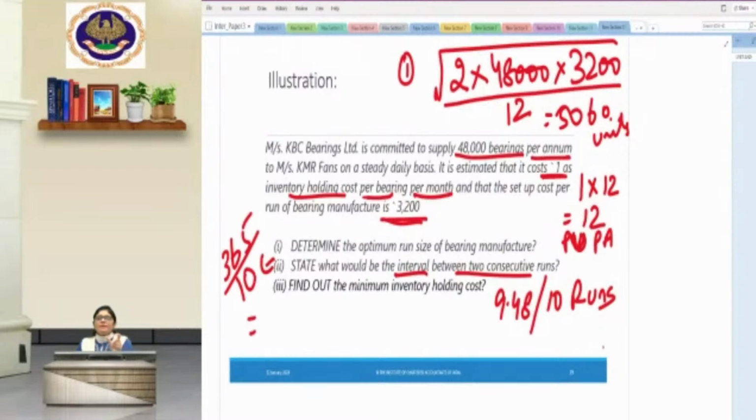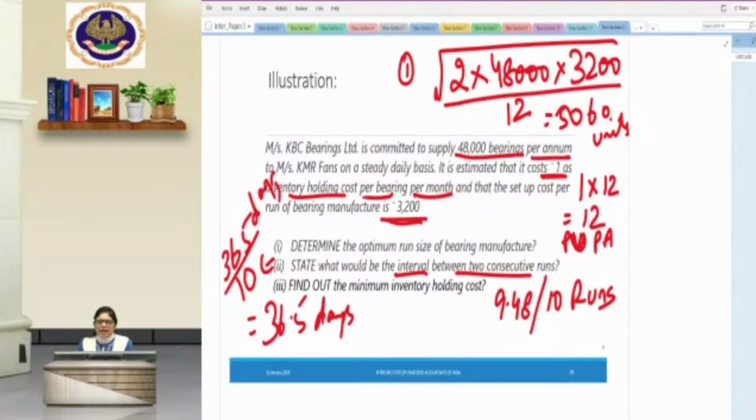So the interval between two runs should be 36.5 days. Clear? So the interval between two runs will be 36.5 days.